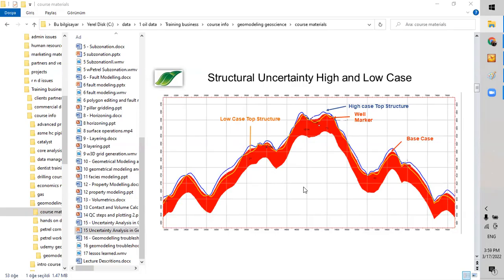All this area has to be subtracted. If he calculates the volume between top structure and the contact, he would add all this area too. So you see, in calculation, what kind of mistake can happen.